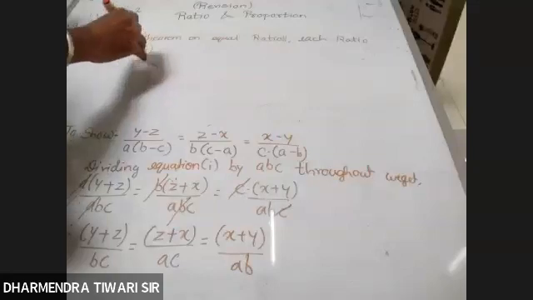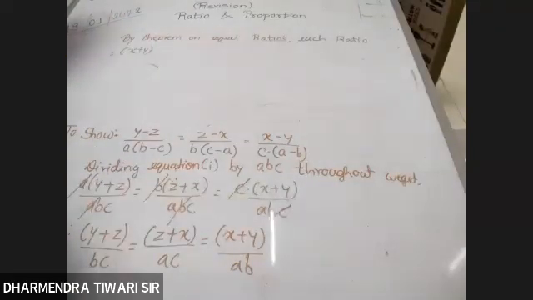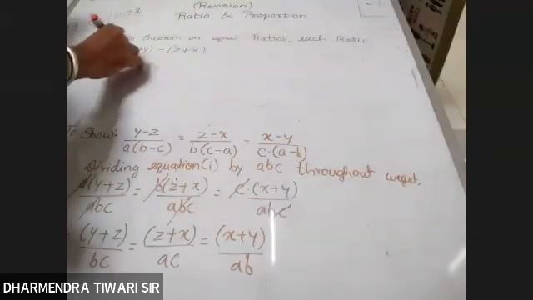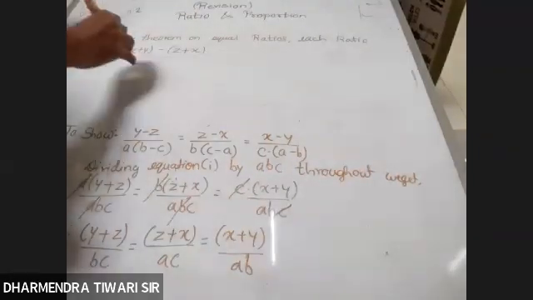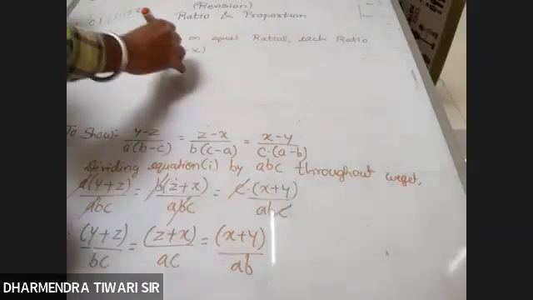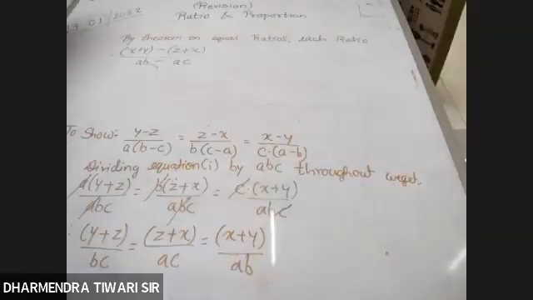And I have discussed why we are going to take x plus y first. Minus z plus x divided by AB minus AC. Hope this step is okay.